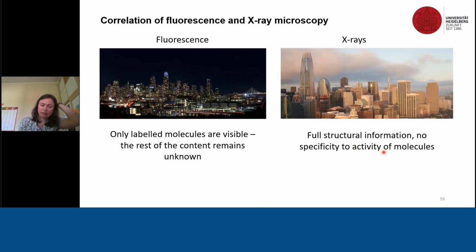My favorite comparison, if one would like to compare fluorescence and X-ray microscopy: fluorescence microscopy is like seeing San Francisco during the night, and X-rays are like looking at the same town during the day. So the X-rays provide you full structural information. There is no specificity to any molecules, however, but we can see every building in the town. We can have a look at its height, we can analyze its density, and so on.